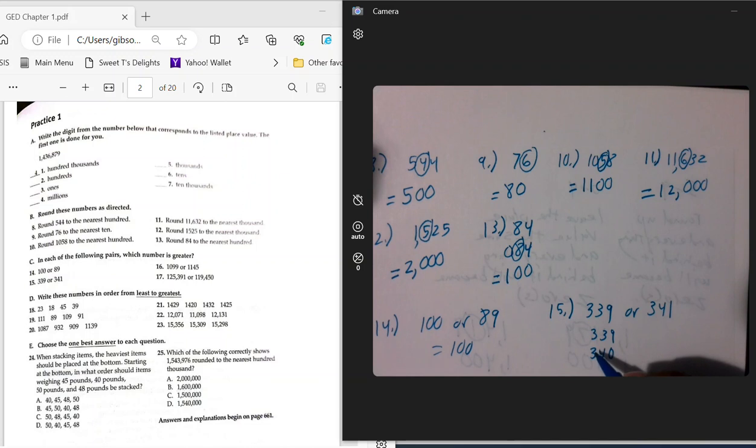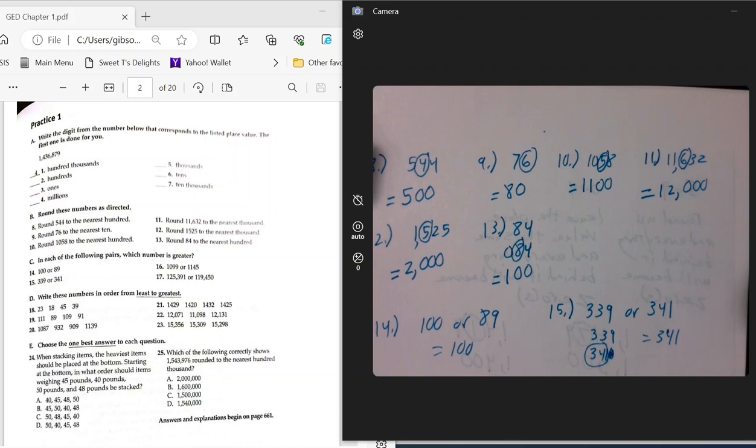So we know that doesn't determine which one is the highest. So we'll go to the tens place. We got 3 in the tens place here, 4 in the tens place here. So 341 is actually the larger number. So that's how you go when you have numbers that have the same amount of digits. You start with the highest place value and work your way down. Whichever one has the highest digit in that place value is the greater number.